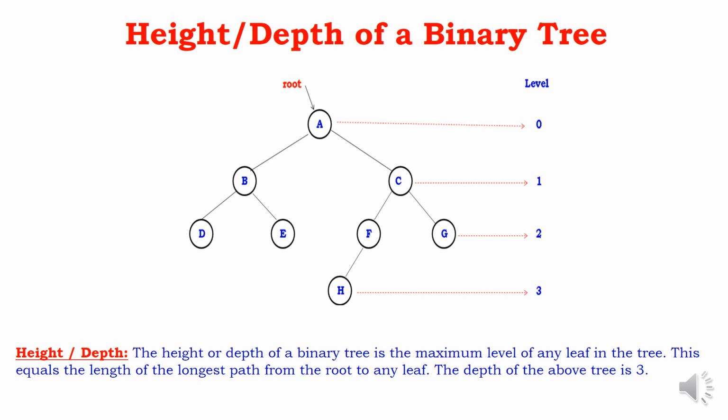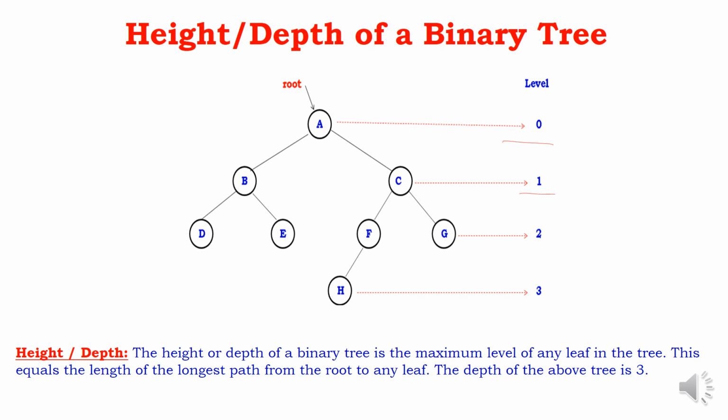See here, in this example, A is the root node, and B, C are the left and right subtrees. There are many nodes. Let us find the level of all the nodes. Level of the root node is 0. Level of B or C is 1, because the level of B is 1 more than its parent.